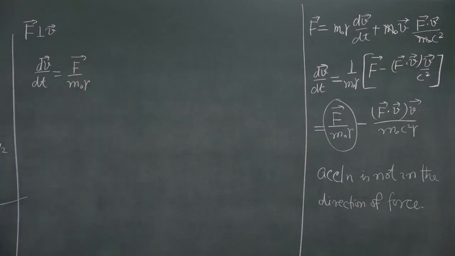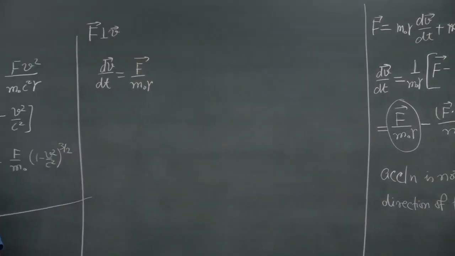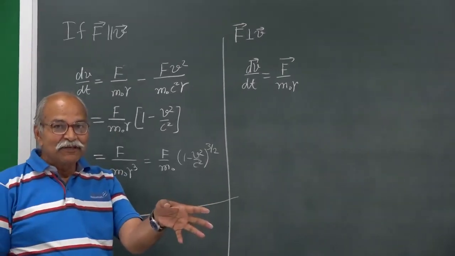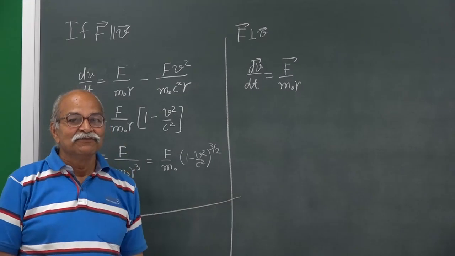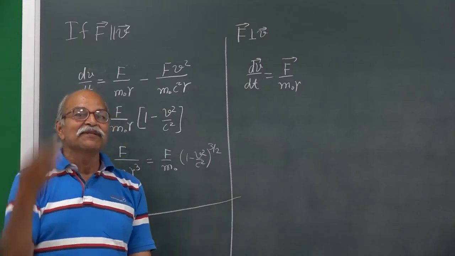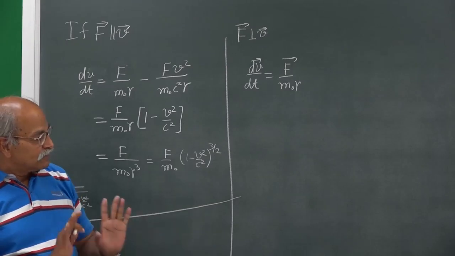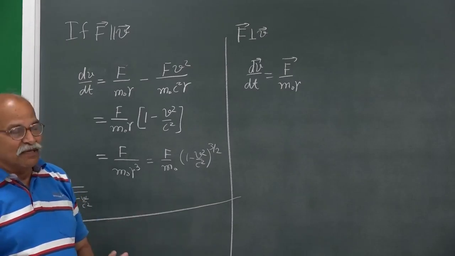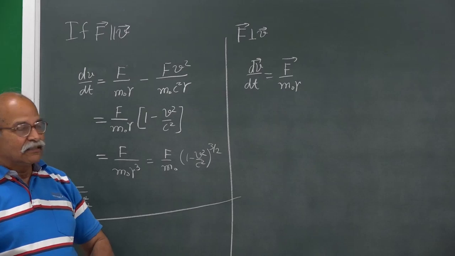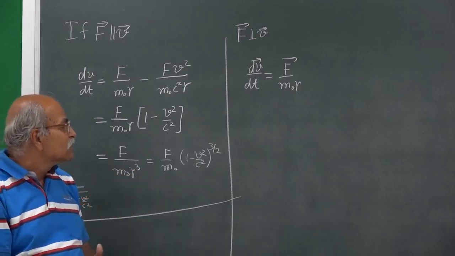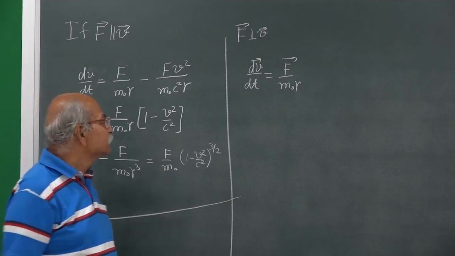So, if you want to define mass from f equal to ma, your mass will be different for velocity parallel to the force and velocity perpendicular to the force. So, no sense. The best thing is that mass just means mass, rest mass, that is all, and after that the form of equations, expressions, they are different.